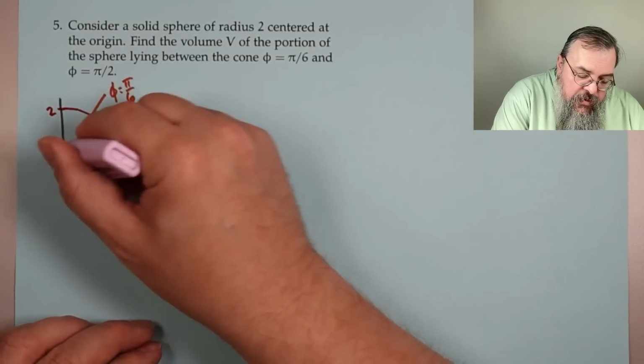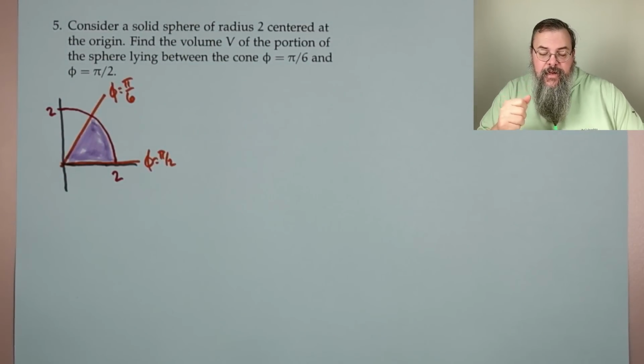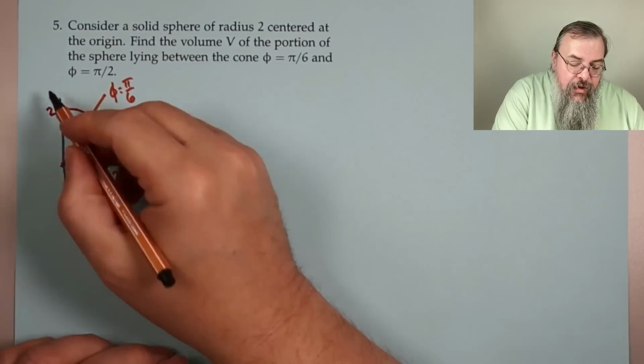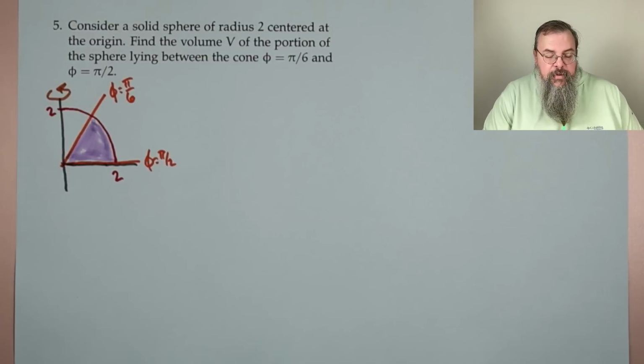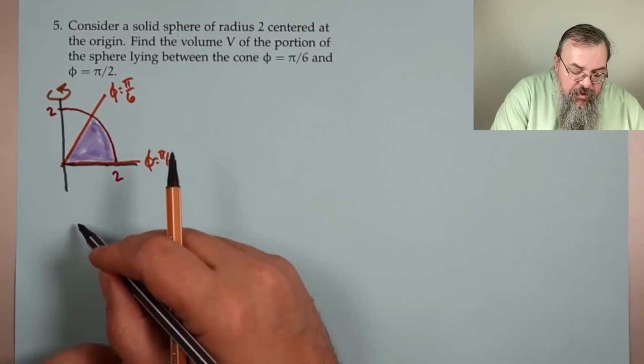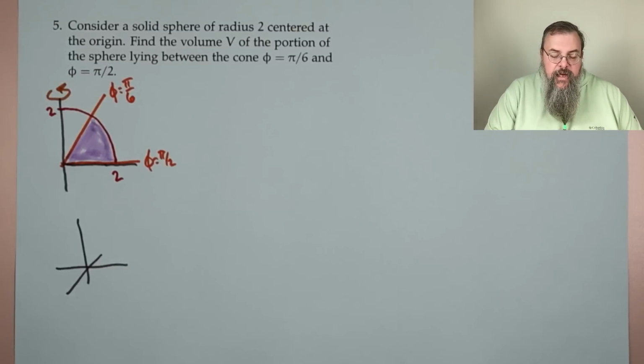Now that's just a slice, and then what do we do? We spin it. So if you were to now spin this around, then we'd get our shape in 3 dimensions, which is a little bit harder to sketch perhaps. But what do we have?